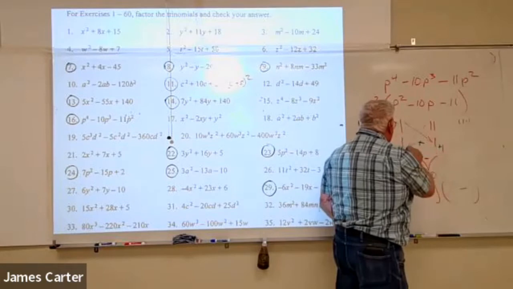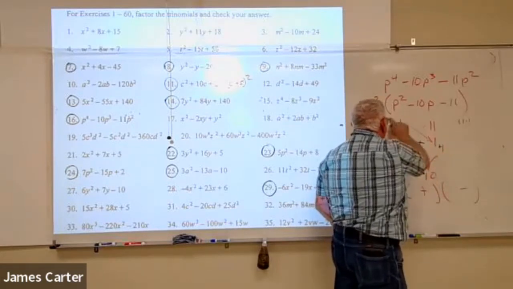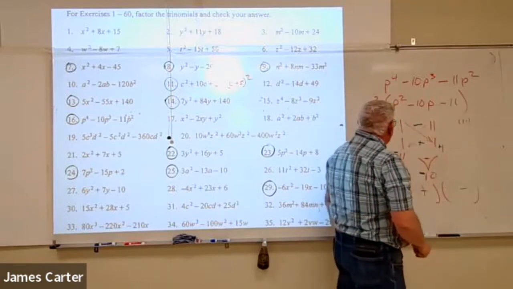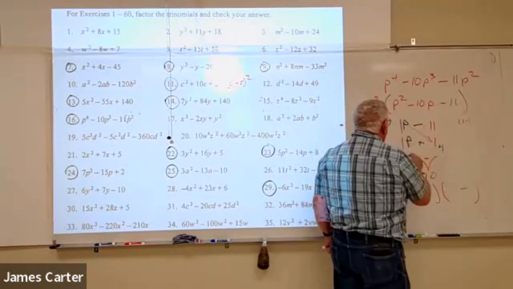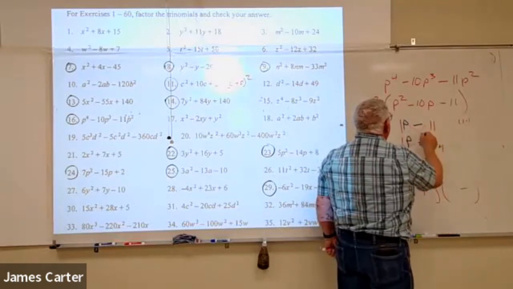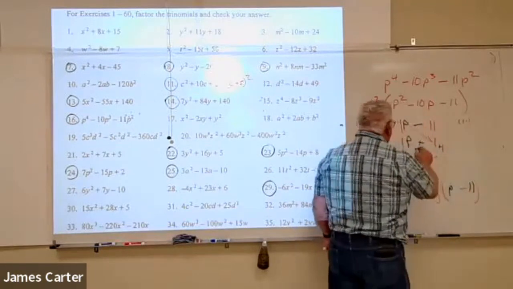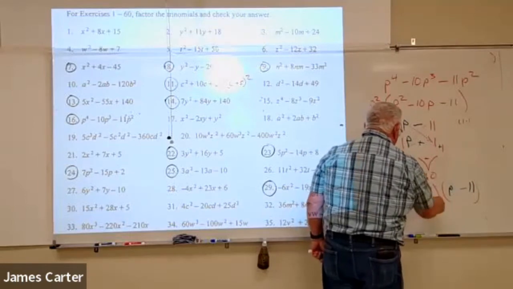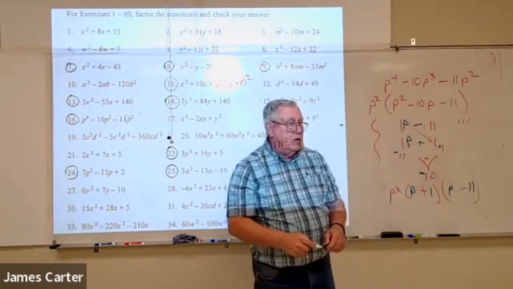Whatever this sign is always comes here. Whatever this sign is always comes here. So we put our p's in here, and I get p minus 11. And I get p plus 1. And then I've got this p squared on the outside times the whole thing.